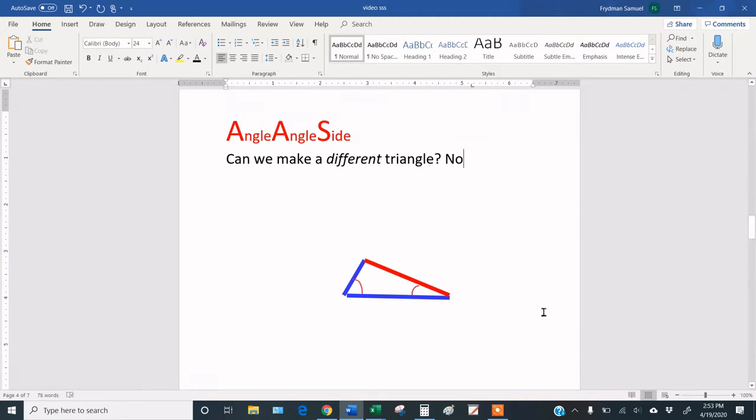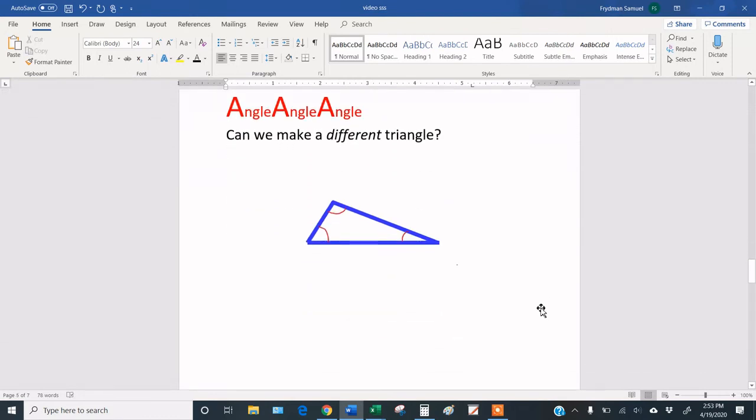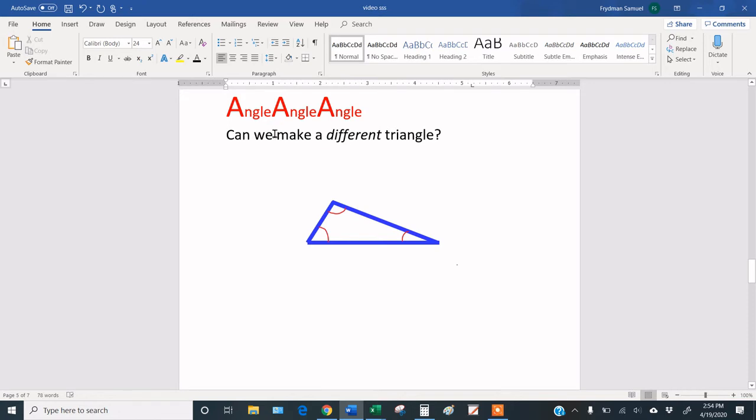Let's try the next one. The next condition we're going to look at is AAA. AAA stands for angle, angle, angle, and that means that in this triangle, we are not allowed to change any of the angles, but we are allowed to change how long or short any of the sides are.